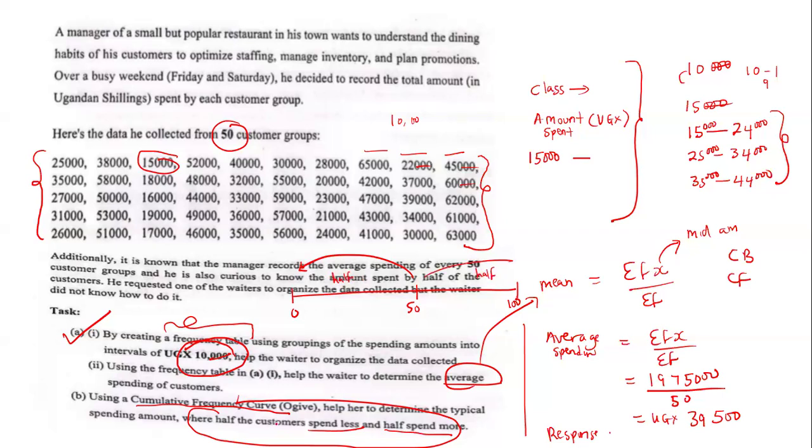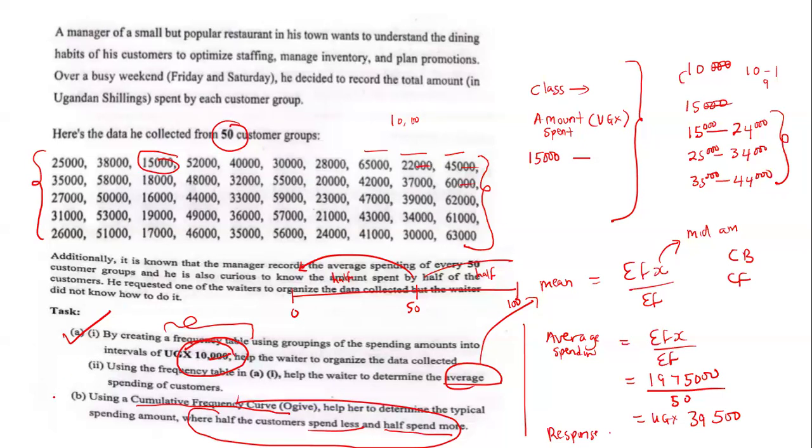So when they ask where half the customers spend less and half spend more, indirectly, what does the curve want us to do? What is the question wanting us to estimate? Very good. Median. So that it does not confuse you, they were asking us to estimate the median from our curve.